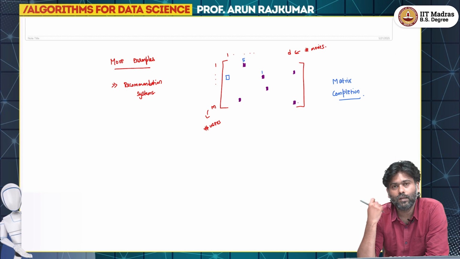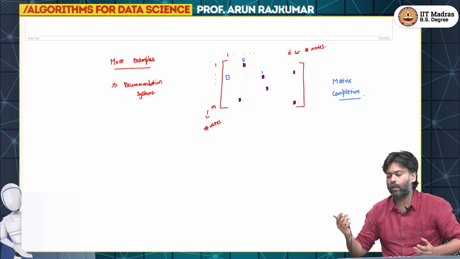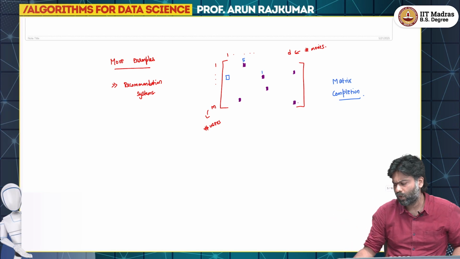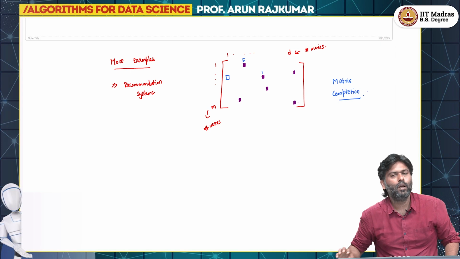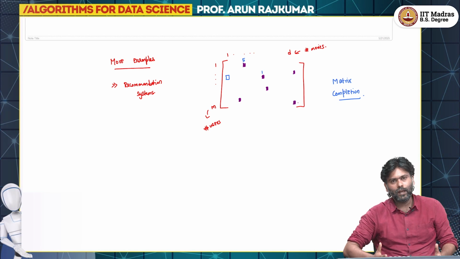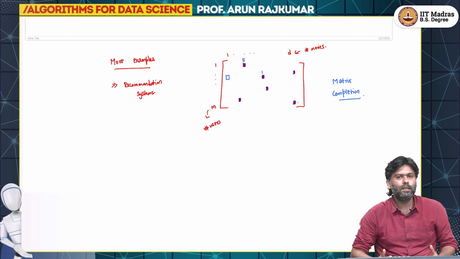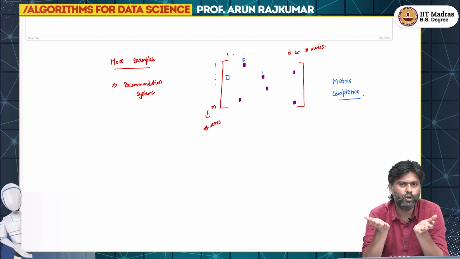So what was the assumption in PCA, right? Why is PCA a useful technique? Why does it do dimensionality reduction? There the assumption was that the data lies in some low dimensional subspace of the original dimension.